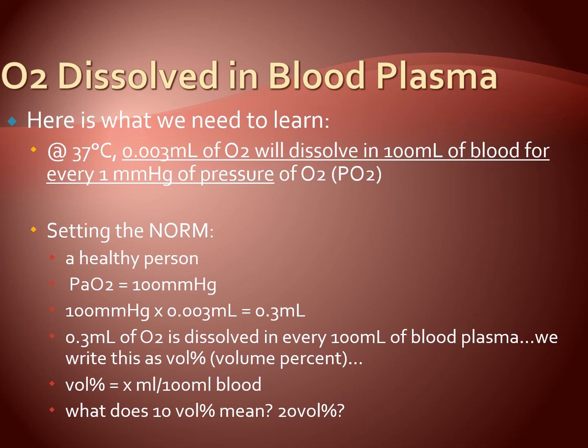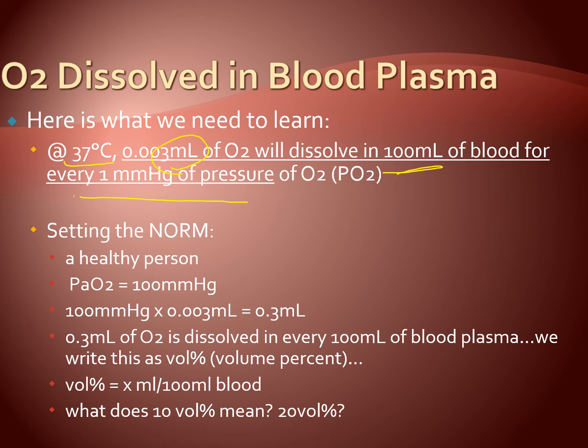Well, we also need to know that at body temperature, 37 degrees centigrade, so at BTPS, body temperature, pressure saturated, 0.003 milliliters of oxygen will dissolve in a 100 milliliter sample for every 1 millimeter of mercury.